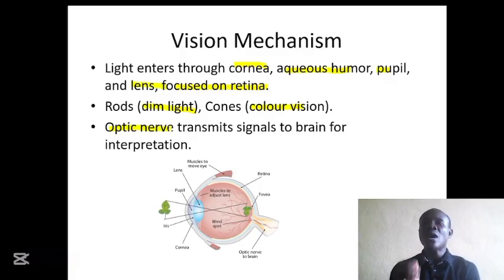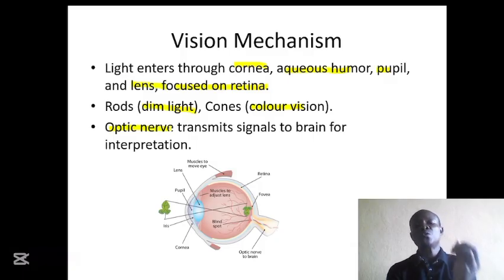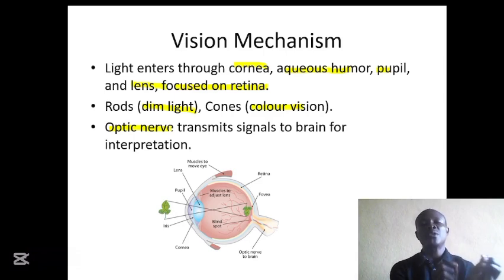It is the brain now that will interpret the size, the height, the color, and even what you are seeing. It can tell you this one is a lion, this one is a goat, this one is a table, this one is a cow, this one is human, this is somebody that you have seen before, and this one is somebody that you have not seen before. It will tell you exactly what you are seeing.